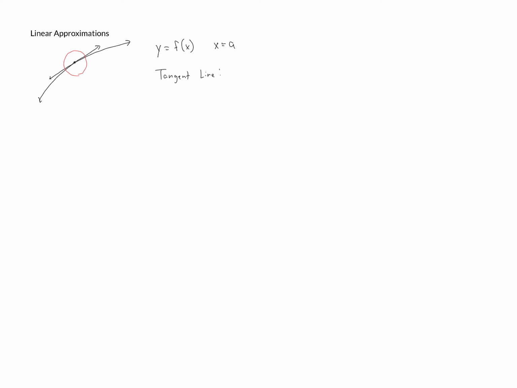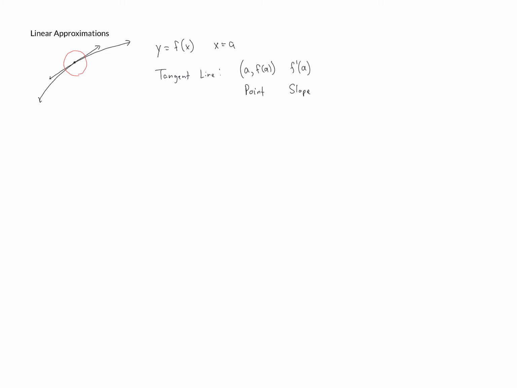Specifically, it contains the point a comma f of a, because we know it's a tangent line at a, and when x is a, y is f of a, so that's the point of tangency. And we also know the slope of the tangent line. That comes from the derivative of the function at that value a.